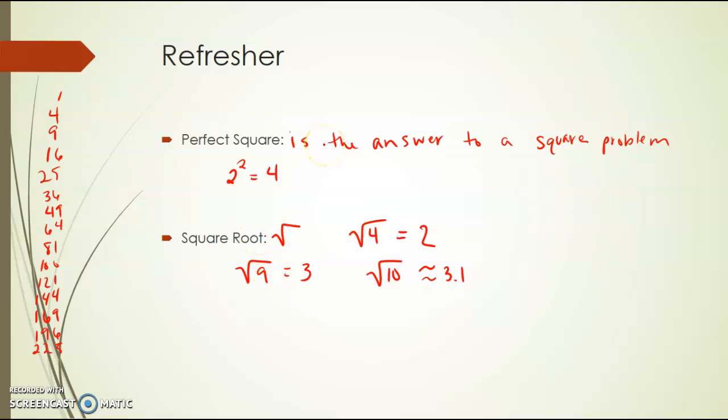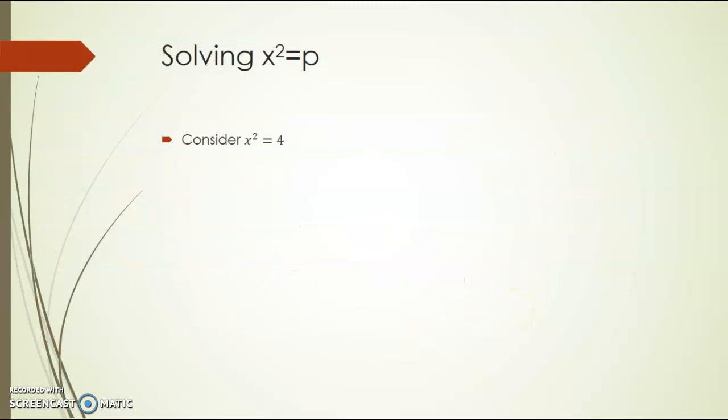They'll give us whole numbers when we take the square root. And the square root is the inverse of squaring a number.